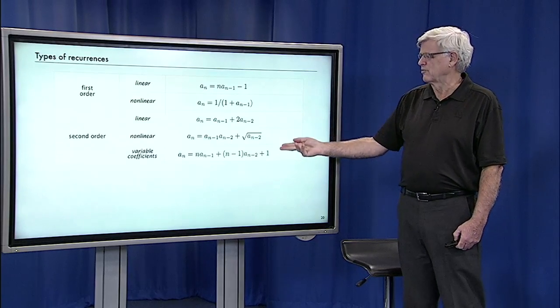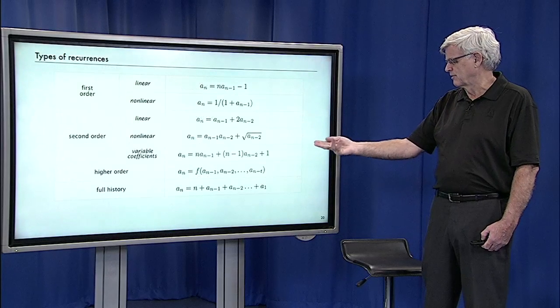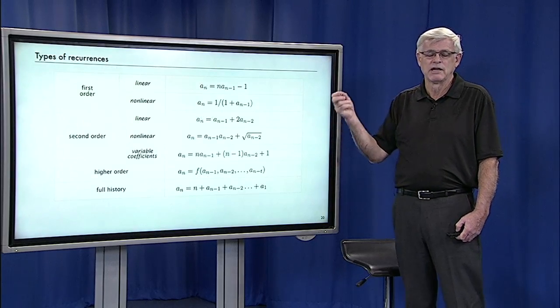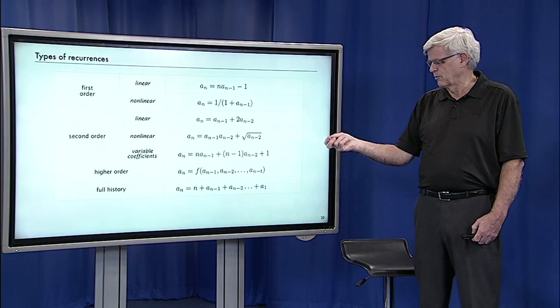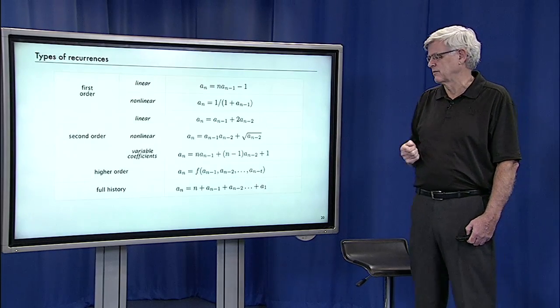So variable coefficients, that's the one that we started with, where we don't use constants, but we do use functions of n, and those arise a lot in the analysis of algorithms. And then there's higher order, which go back way further than just the first two terms. For example, quicksort is an example of that, where it's a full history. That is, every term in the sequence depends on all the previous terms in the sequence.